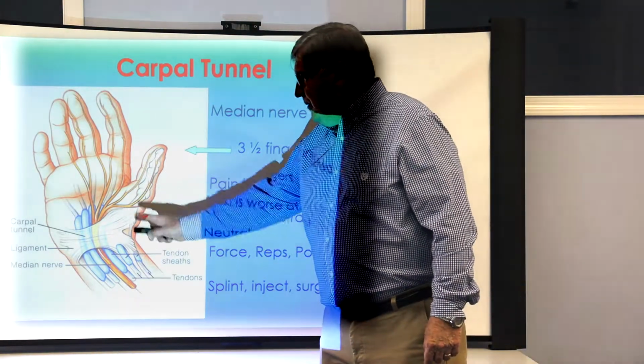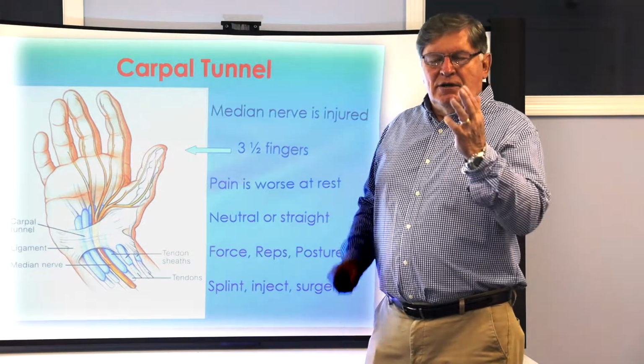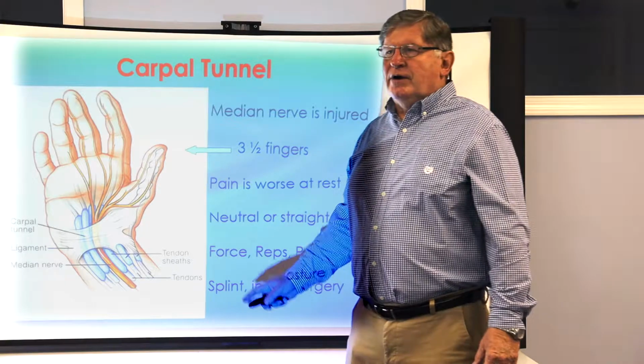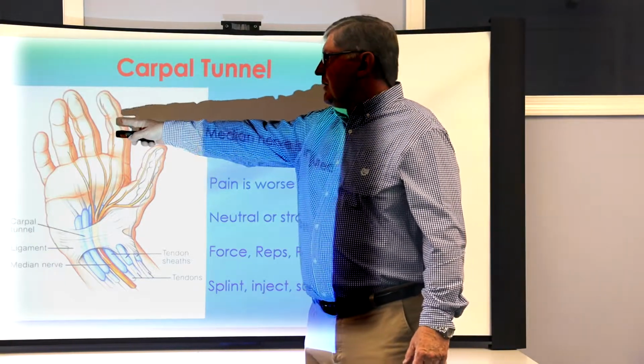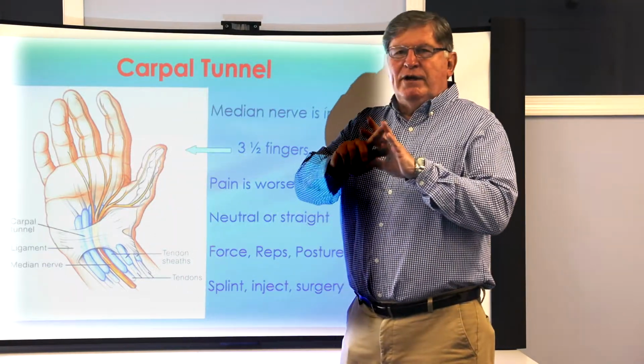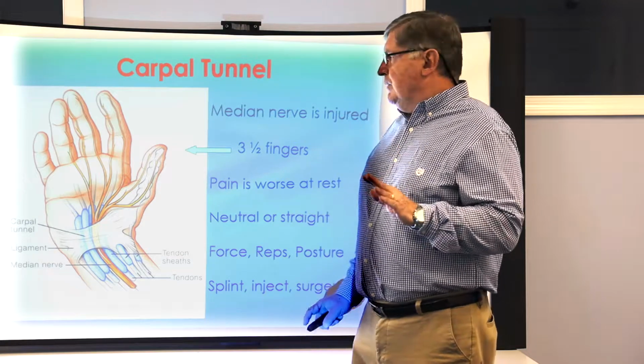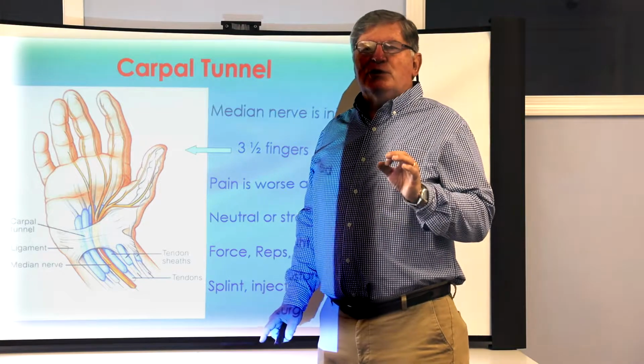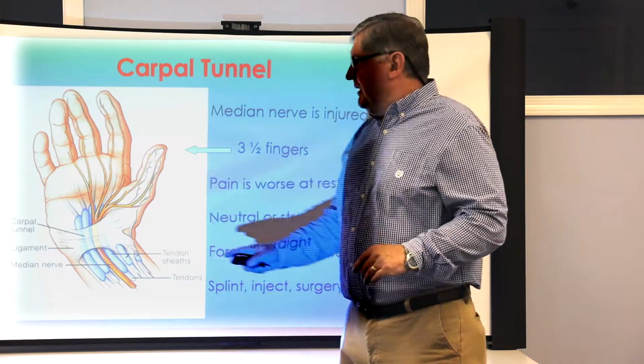Through that tunnel pass the tendons that connect your forearm muscles to your fingers. But this nerve is also there, and that nerve goes to your thumb, your pointer, your middle finger, and the inside of your ring finger. That's where the symptoms usually occur, because if those tendons become inflamed, they swell up and begin to compress the median nerve.